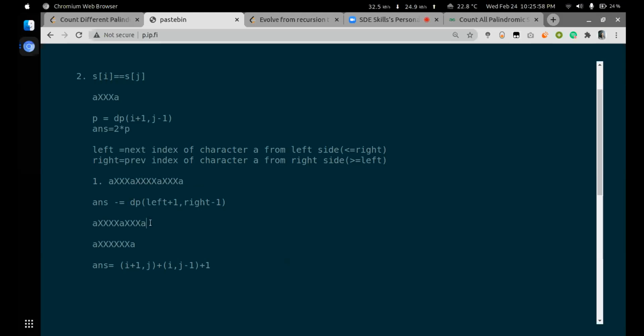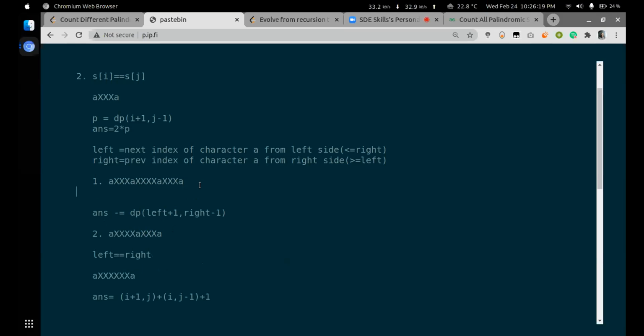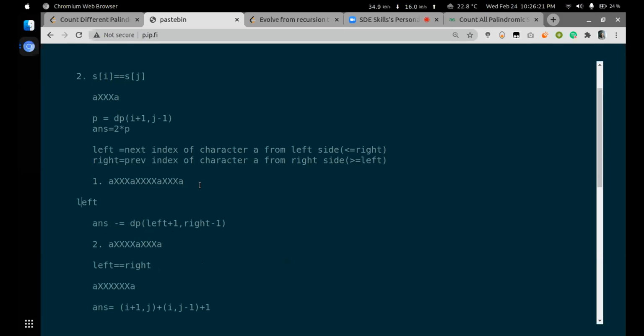Now again, there is more than one case. One of the cases is there is only one A present in the middle. In this case, my left will become equal to right. And for the other case, my left will always be less than right.